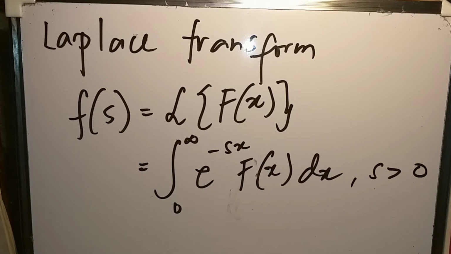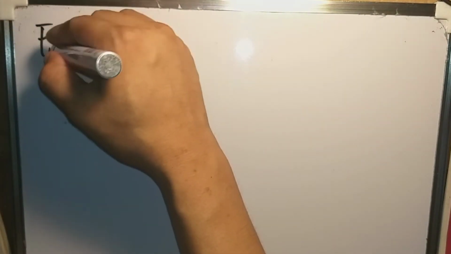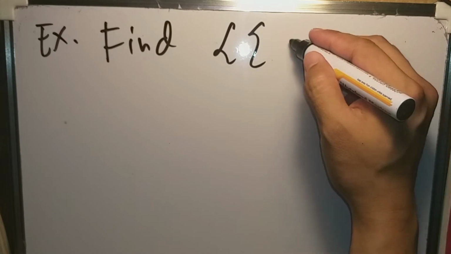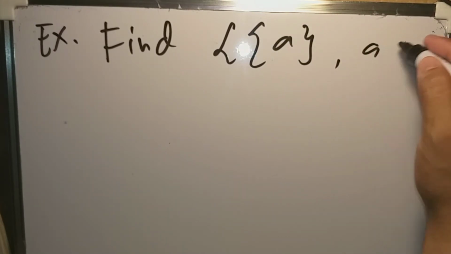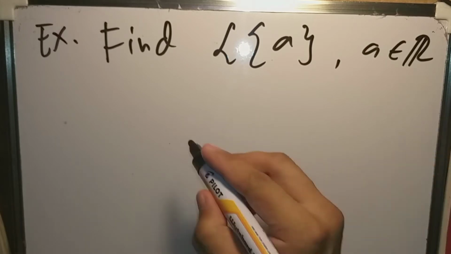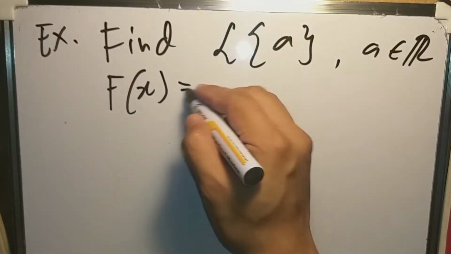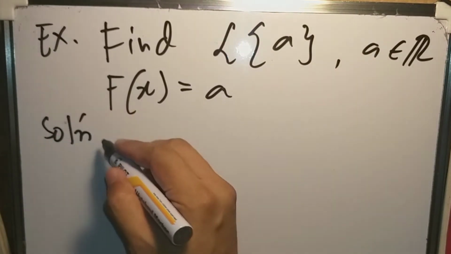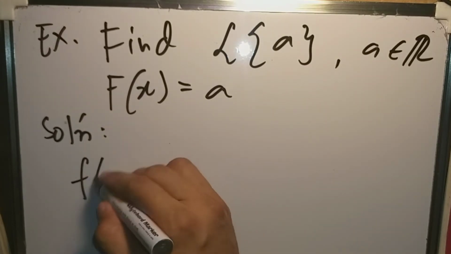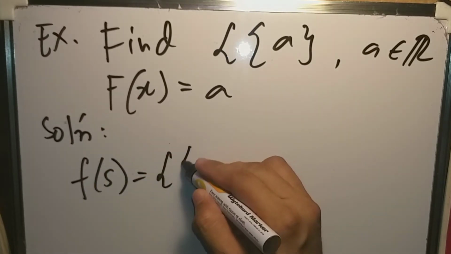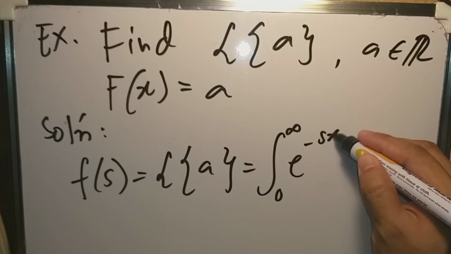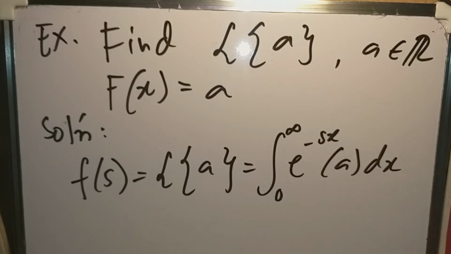So, for example, let's find L of A, where A is a constant. Here f of x is A. By the definition of the Laplace transform, we have F of s, or L of A, equal to the integral from 0 to infinity of e to the minus sx times A dx, and then we isolate A.